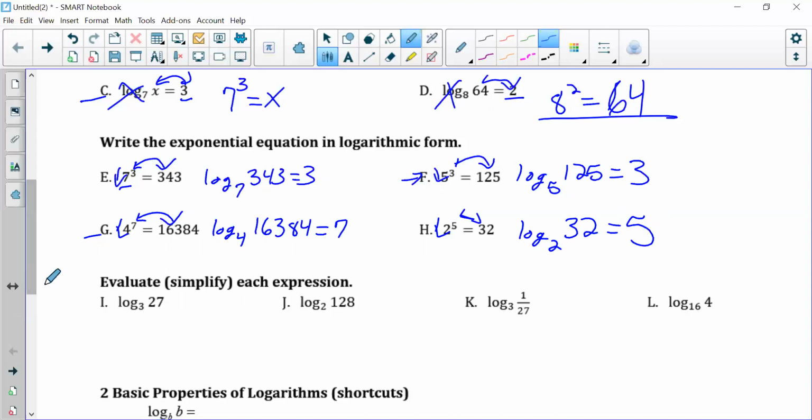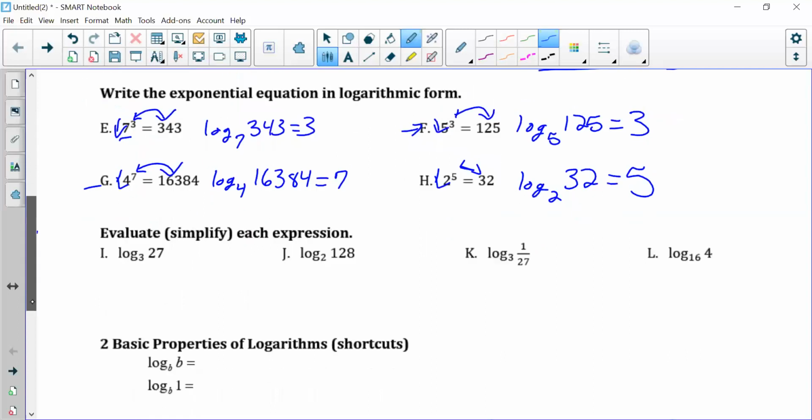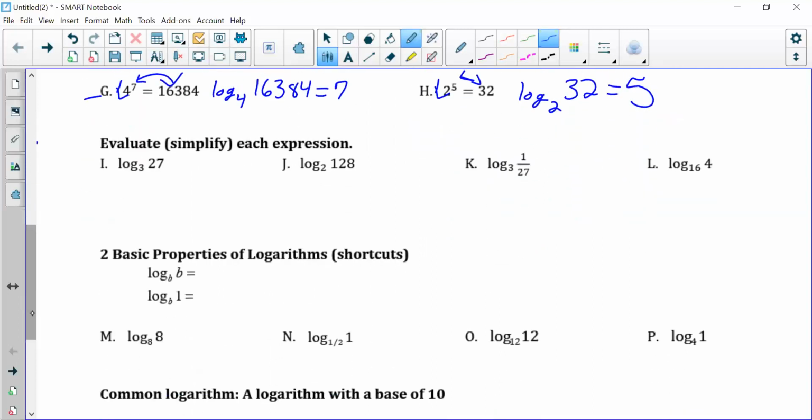All right, so if we're going to evaluate, if we're going to simplify each expression, we want to get this in a form where we can do something with it. I don't know what to do with this. The log base 3 of 27, it's what? Yeah, I don't know. All right, so we're going to convert this into exponential form. But in order to convert it to exponential form, I need to have an x.